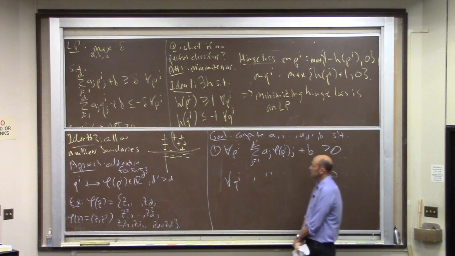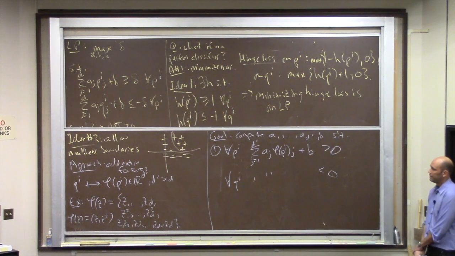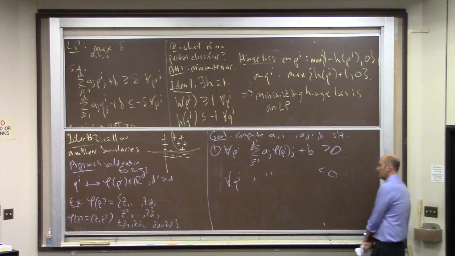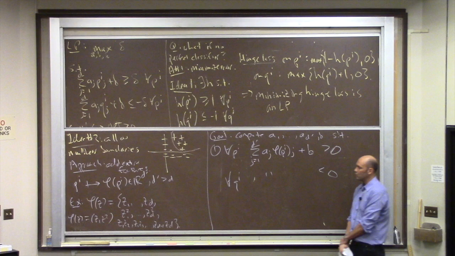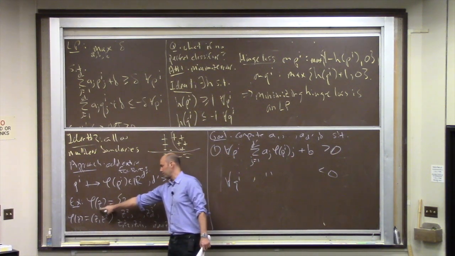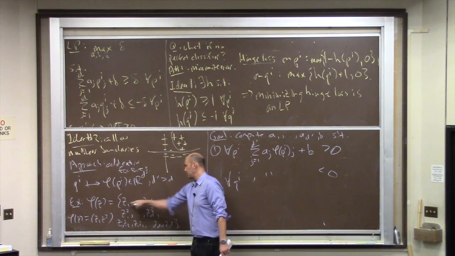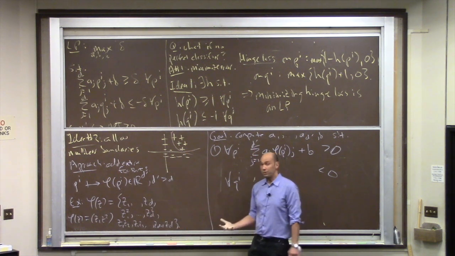So a couple of comments to help you start to understand what's happening here. By enriching, if we have a new feature set which includes all of the old features, like here, we started with Z1 through ZD and we have Z1 through ZD plus a bunch of other stuff, you certainly don't lose anything.